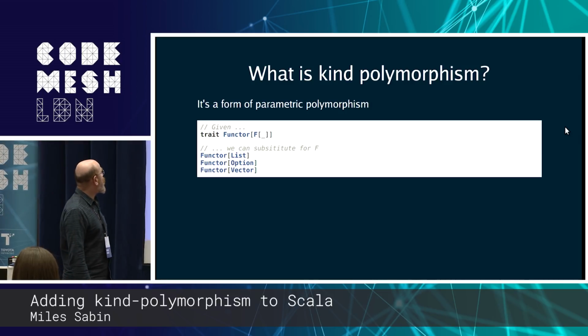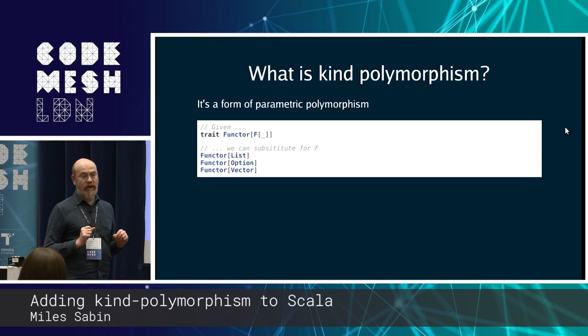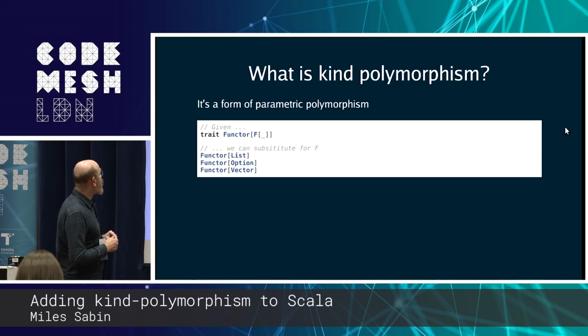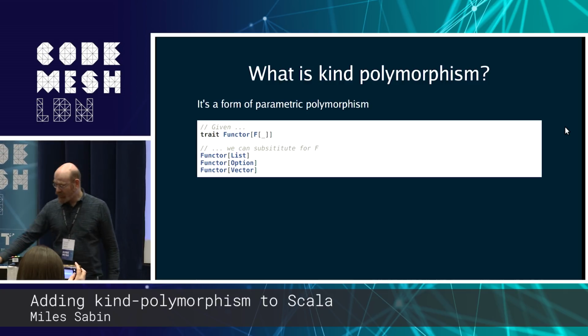But suppose we have a type parameter which has a different form. Instead of being a simple type parameter, in this case, for a functor, we have a type parameter which itself takes type parameters. So here, you would instantiate a functor, rather than with a simple type like Int or String, with a higher kind of type, like List or Option or Vector.